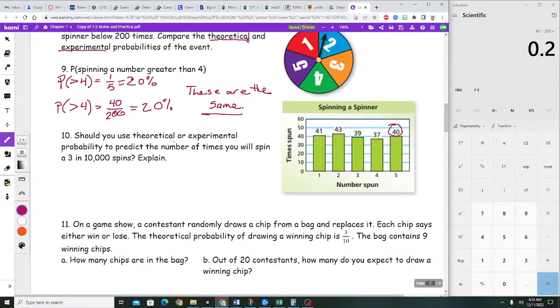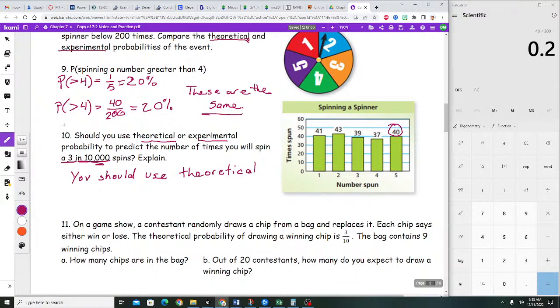Should you use theoretical or experimental probability to predict the number of times you will spin a 3 in 10,000 spins? You should use theoretical. The reason being is that we know the spinner is pretty good because each of these columns is about the same height.